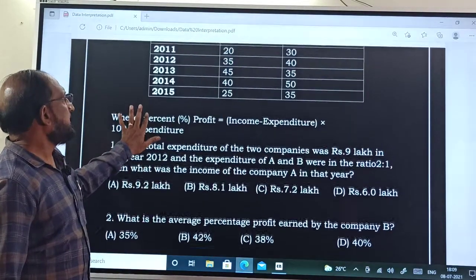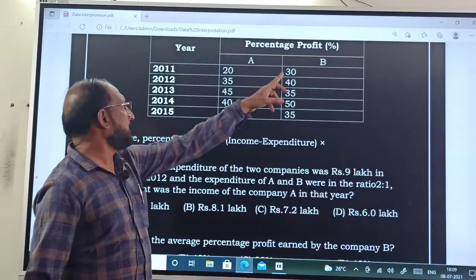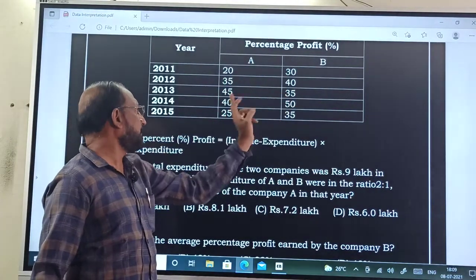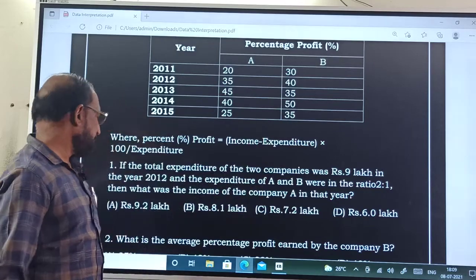Company A is 20, 30, 35, 40, 45; company B is 35, 40, 50, 25, 35.